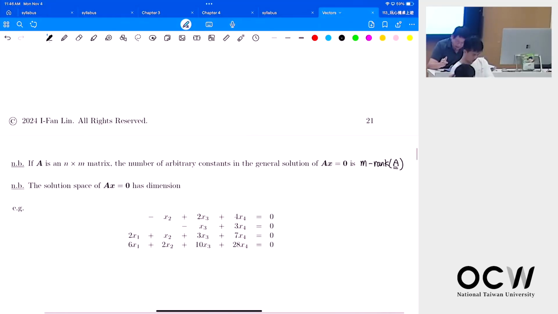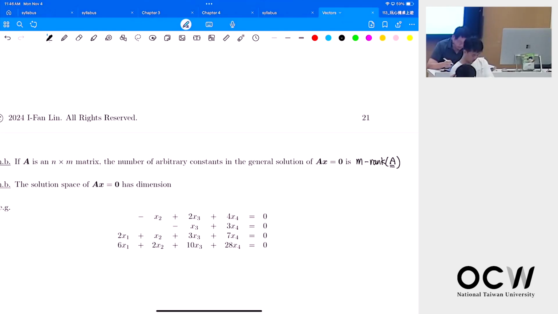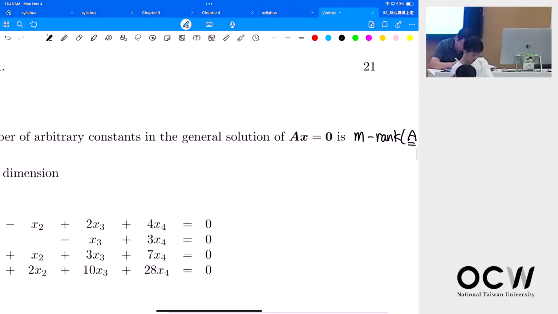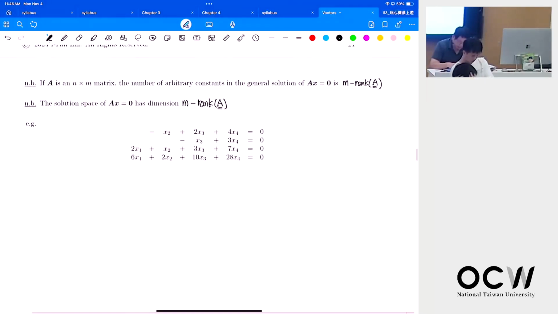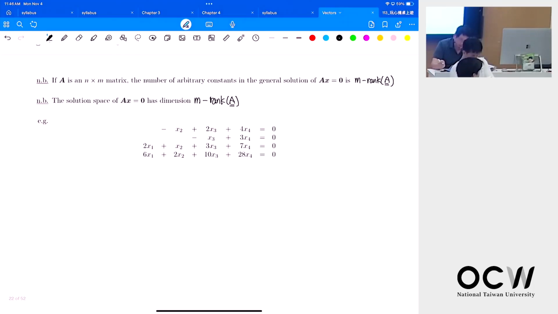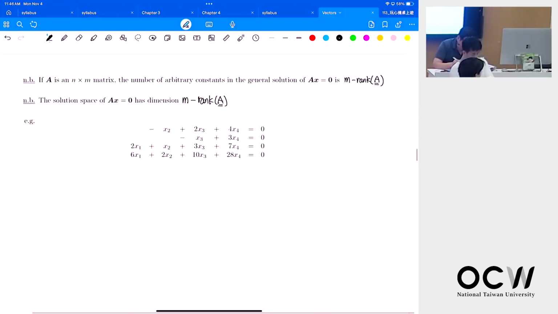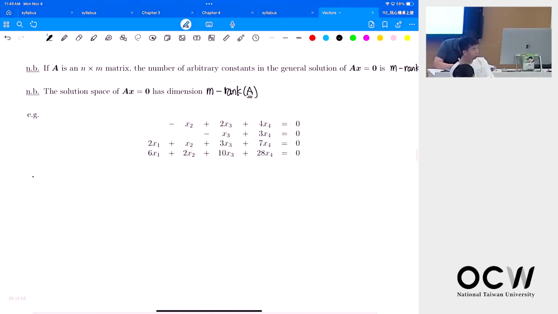And also the solution has the dimension m minus rank A. For example, take this system of equations. First, the A is: no x1, 0, 0, and then I have 2 and 6; 0, 0, 2, 6.